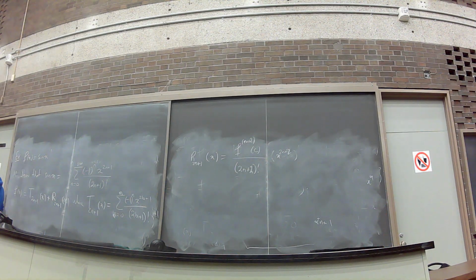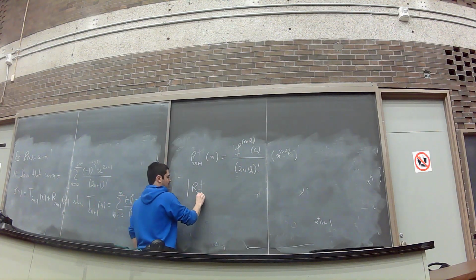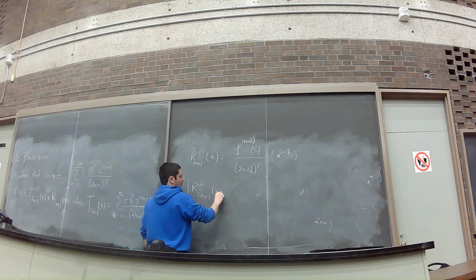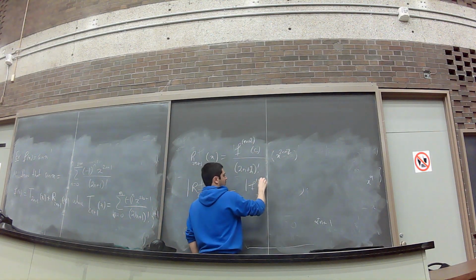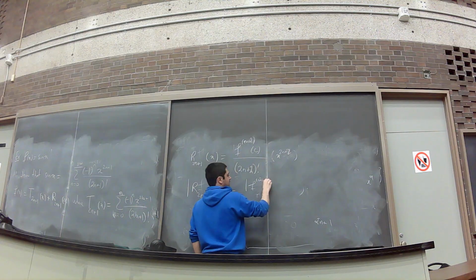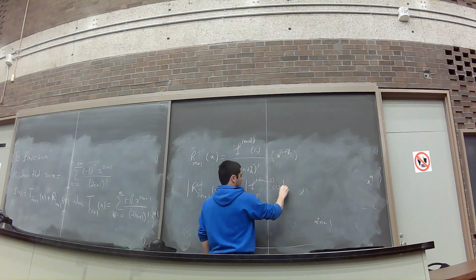So what do you get? Does Rn go to 0 or not?